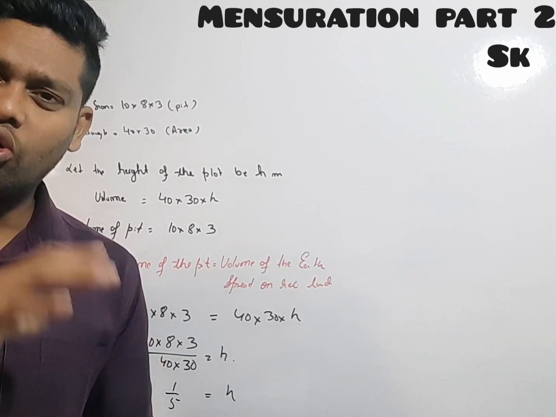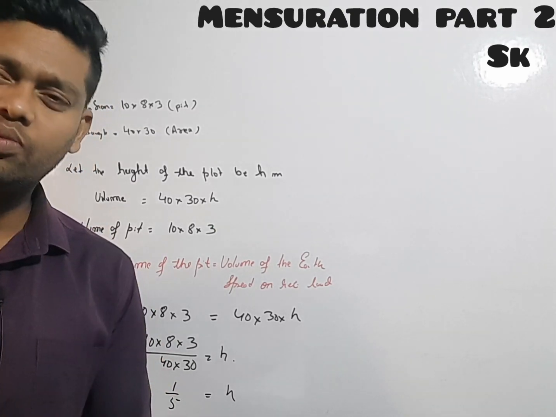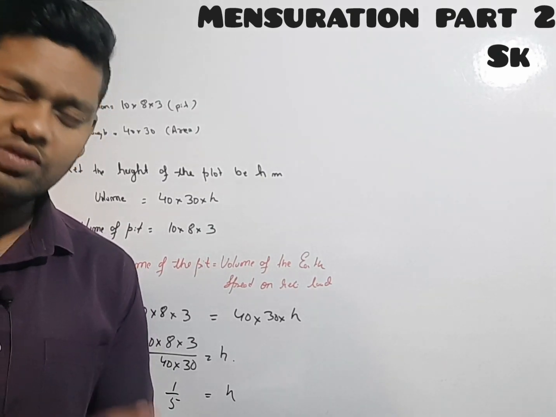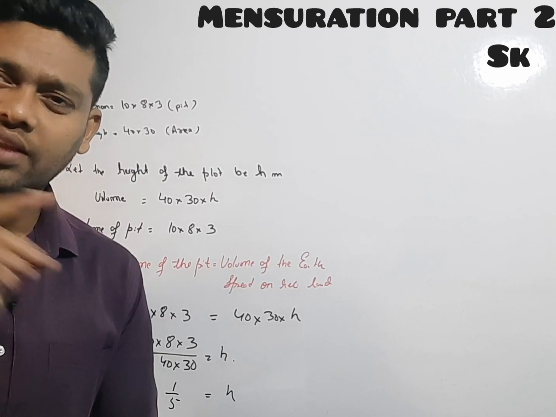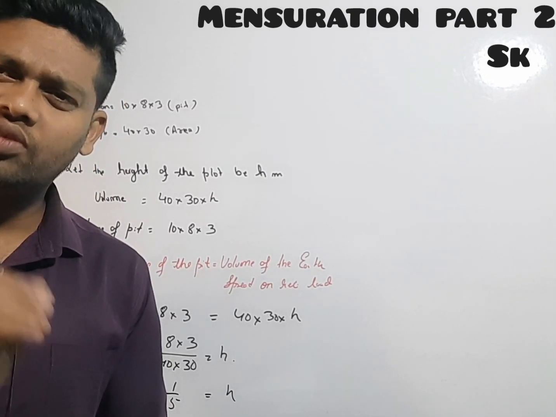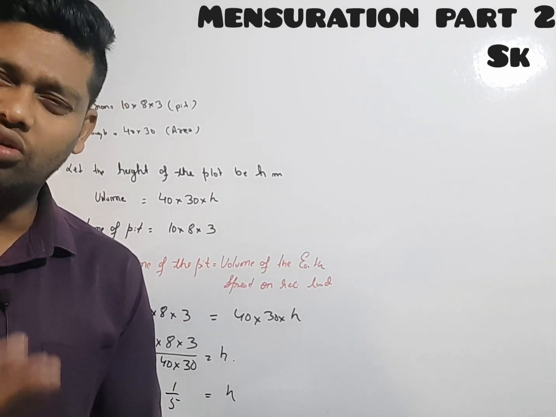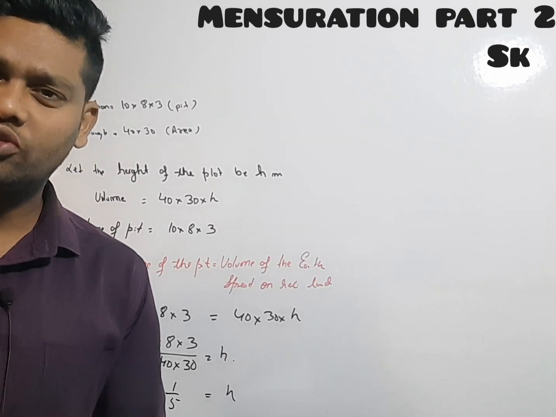I am doing it topic wise so that it will be clear for you, because in your textbook or reference book all are mixed together, so you will get confused. So I am completing one topic and going for the next one. You also do like that, so that the concept will be really clear, because in 8, 9, 10 you have mensuration, surface area and volume. Everywhere you will be facing these things. So these are the basics.